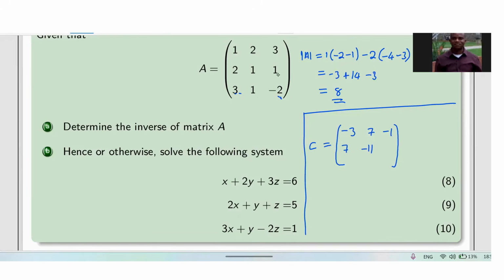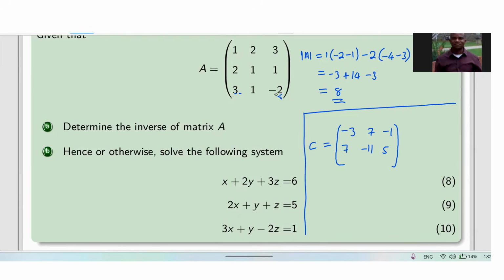Then the minor of 1, we have 1, 2, and 3, 1. So 1 times 1 is 1, minus 3 times 2, which is 6. So 1 minus 6 is negative 5. But there, the sign is negative, so negative times negative becomes positive 5.